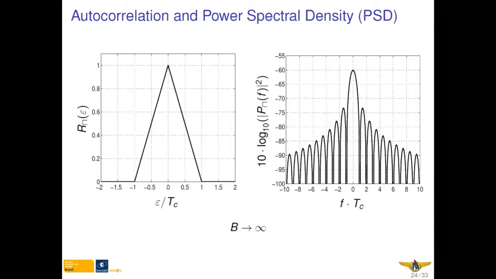On the right-hand side, you have the power spectral density of this signal, which is a sinc function with one lobe located around the carrier frequency. In the autocorrelation function we have a very sharp peak, and this peak usually determines how exactly we can synchronize with the received signal and how exactly we can estimate the time delay.